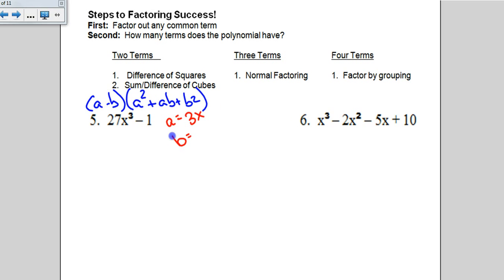And your b is the cube root of 1, which would be 1. So plugging all that good information in, we're going to have 3x minus 1. Now be careful here. A squared would be 9x squared. A times b would be plus 3x. And then b squared would be plus 1.